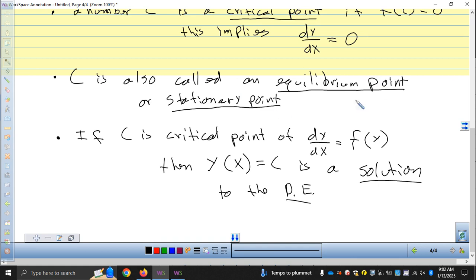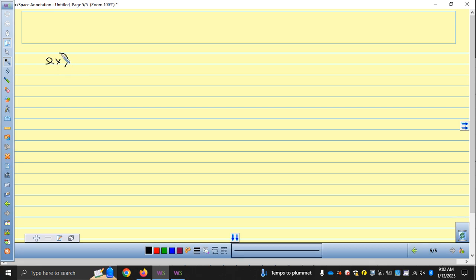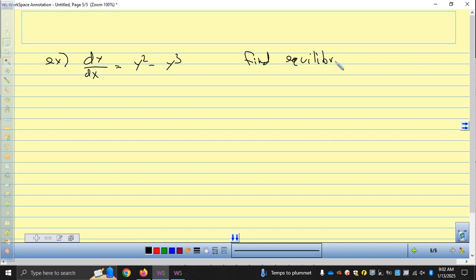All right, so let's look at an example of dealing with this equilibrium solution, this equilibrium point, etc. So if we have dy dx equals y squared minus y to the third, and we want to find equilibrium solutions. So I'm going to rewrite this.